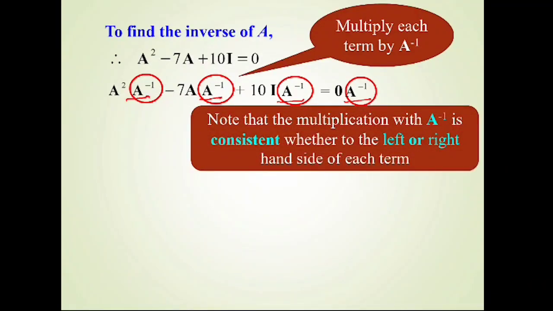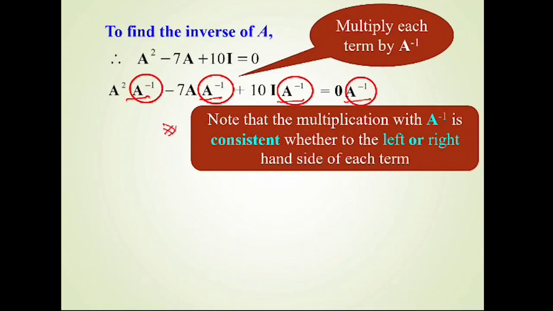Note that the multiplication with A inverse must be consistent, whether to the left or right hand side of each term. Why is this important? Well, that's because the order of matrices is very important, since A multiplied with B might not equal B multiplied with A. So the order really matters for matrix multiplication.